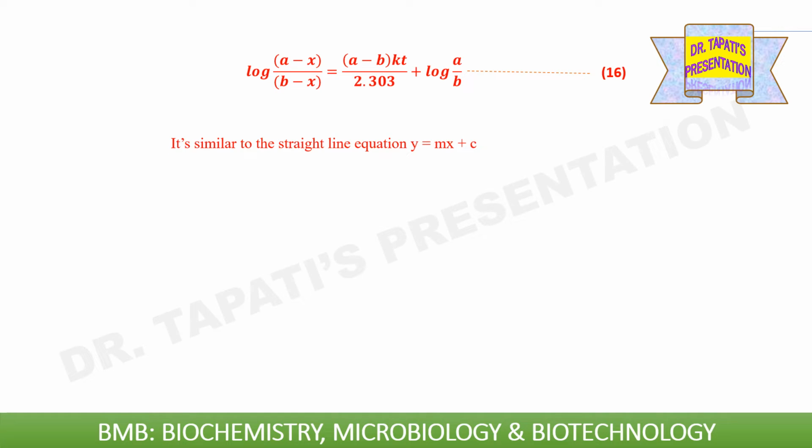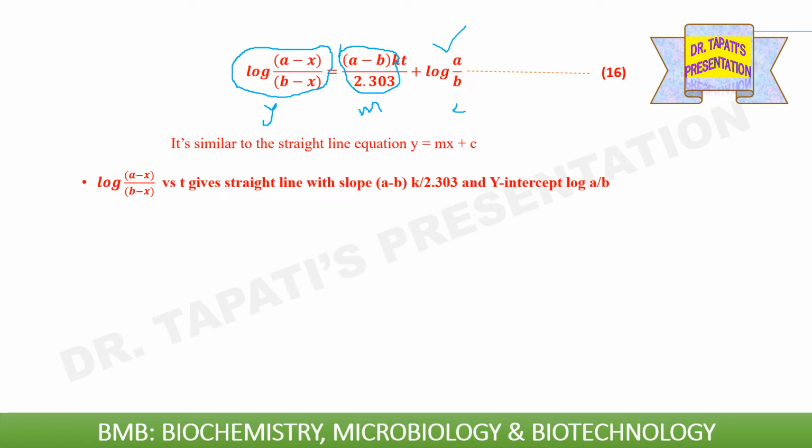It is similar to the straight line equation y is equal to mx plus c. So in this case, the y value is log A minus x divided by B minus x, the m value, that means the slope, is A minus b into k divided by 2.303, and the intercept is log A by b. So the c value is log A by b.